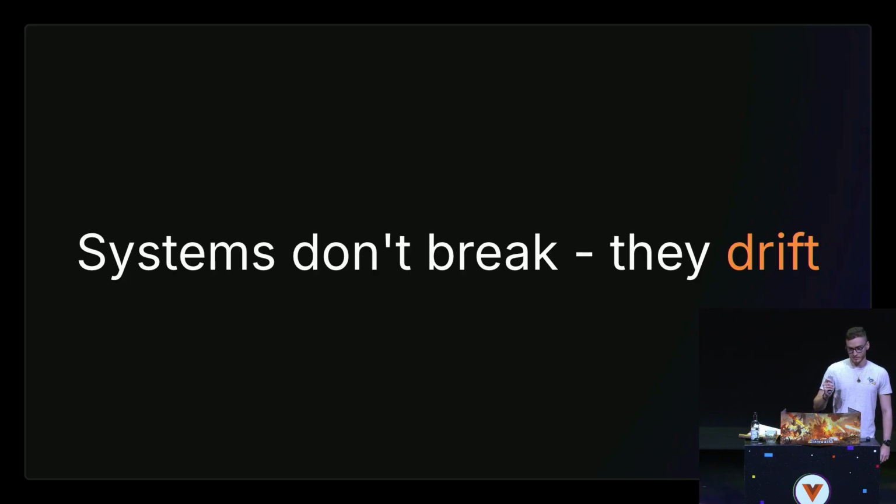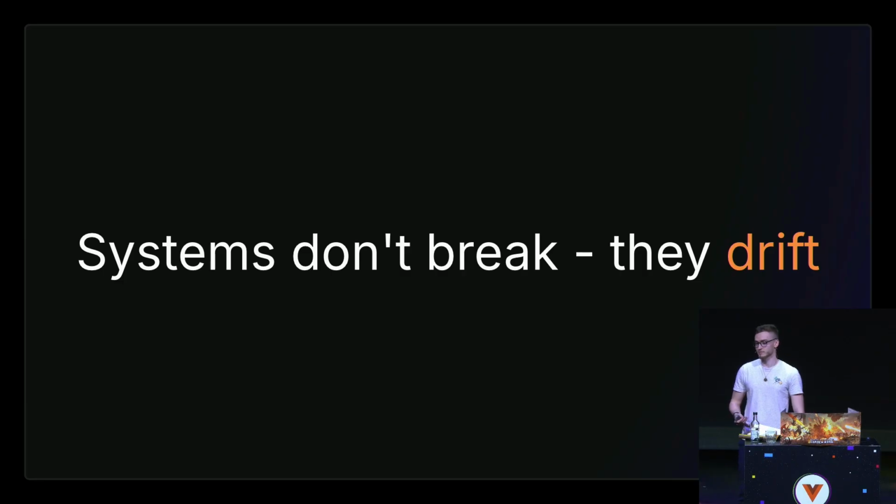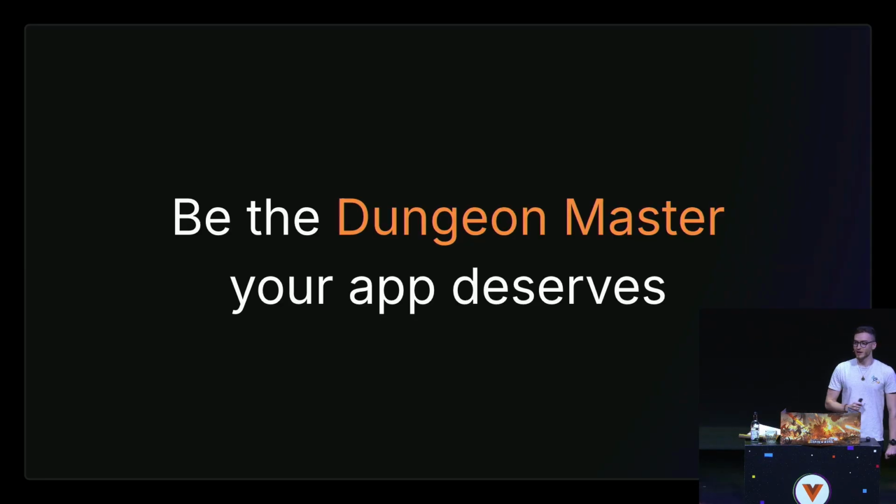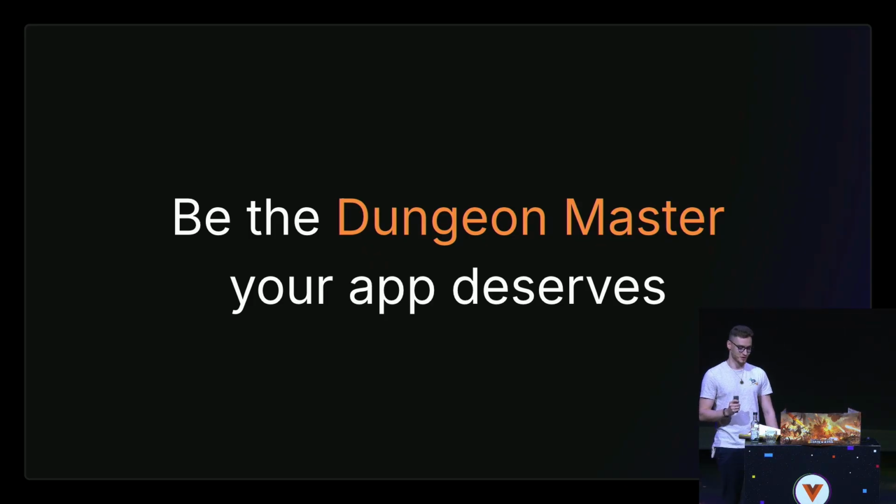So with that in mind, it can become chaos, as I mentioned in the very beginning. So the only way to fix it is to bring order to it, as I mentioned. So small note to you, be the dungeon master your application deserves.